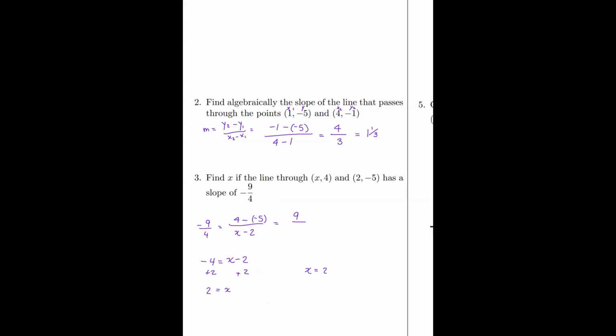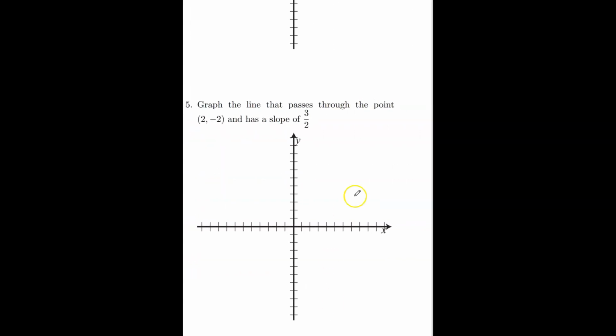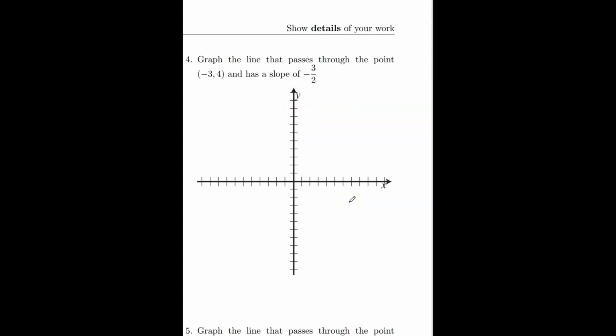All right, let's see what else we have here that we can work on. Here we're being asked to graph using the information they're giving us. They're telling us the point that they want us to pass through, and they told us what the slope is. So at this point, let's go ahead and label this axis: -1, -2, -3, -4.